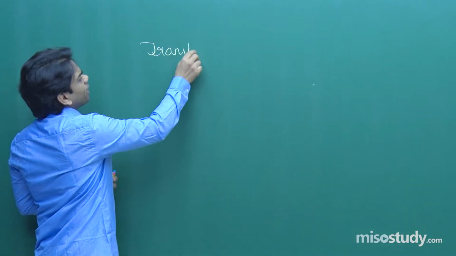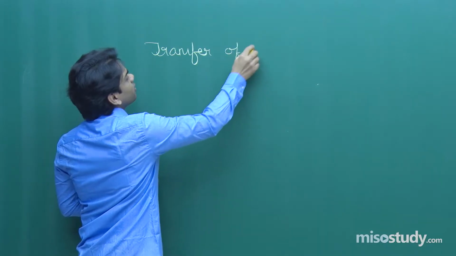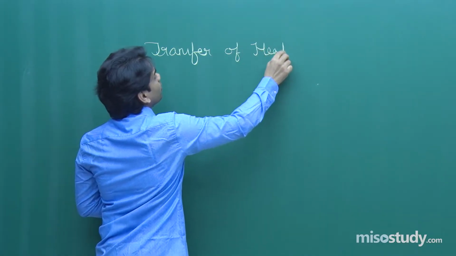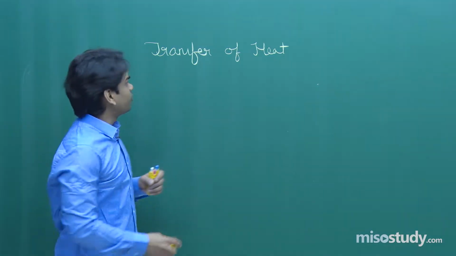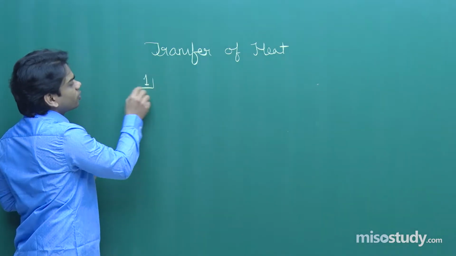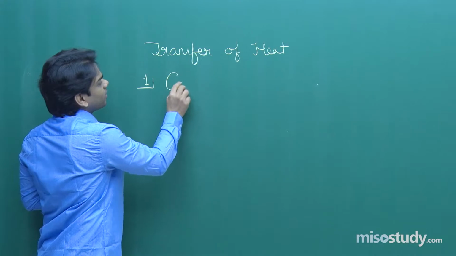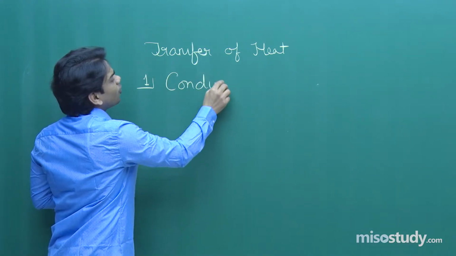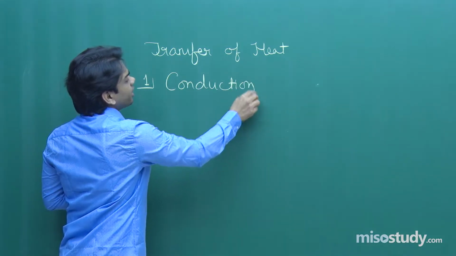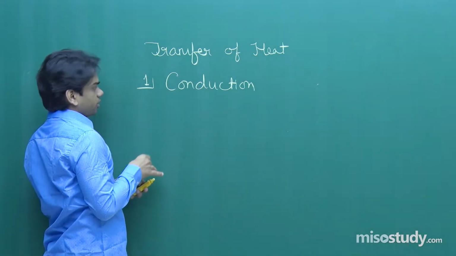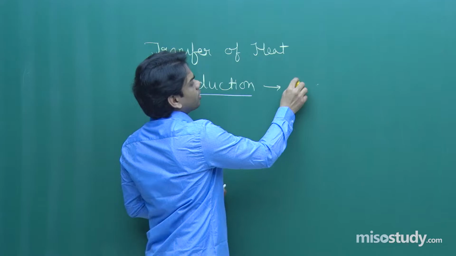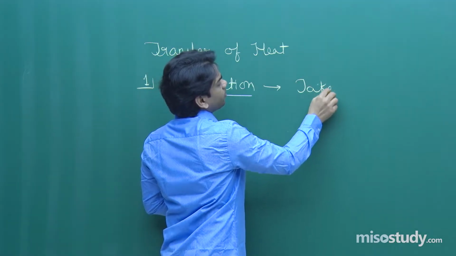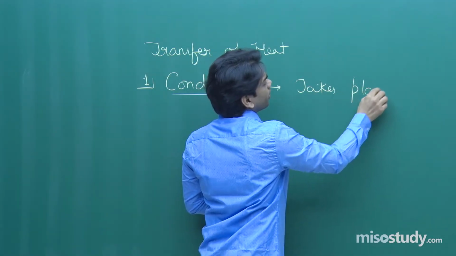So transfer of heat, that is how heat is transmitted from one body to another or from one place to another. Now see, the first, basic method of transmission of heat is conduction. Conduction generally takes place in solids.